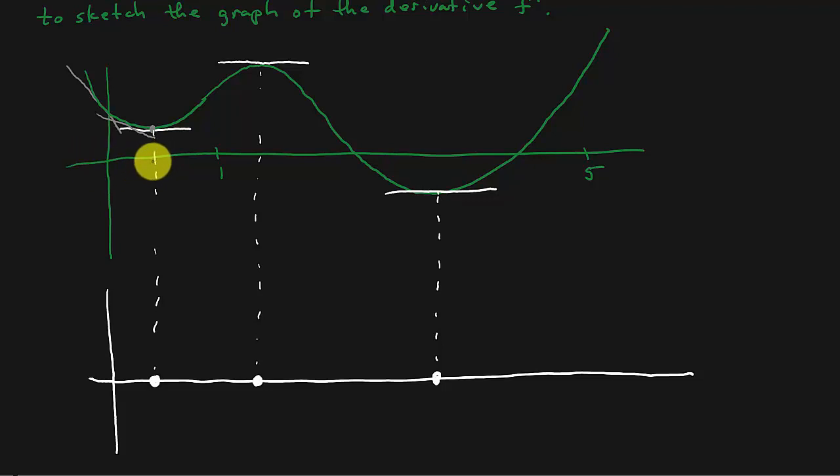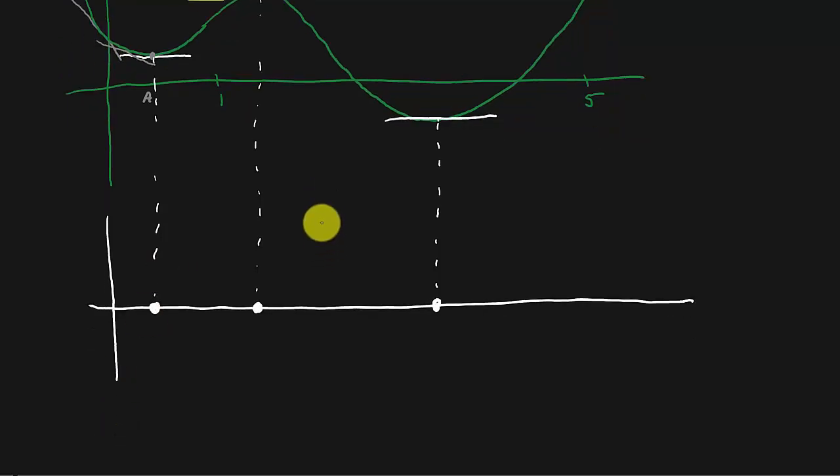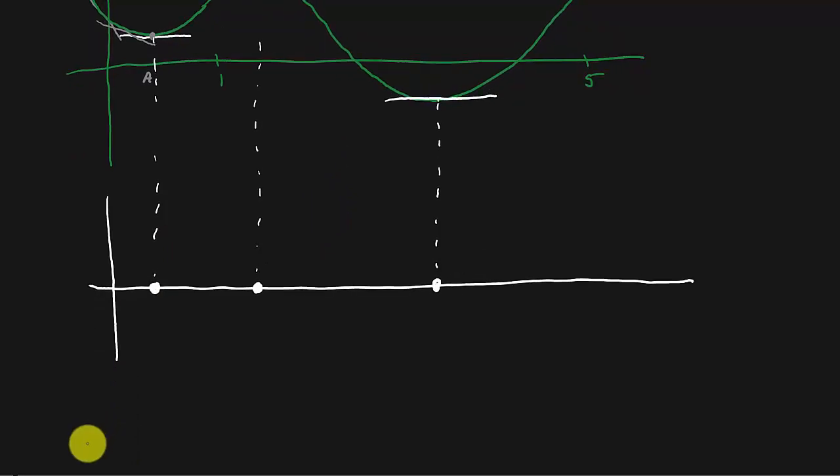Whatever number this is, it's just some number. We'll call it maybe a. So all the values less than a would be negative for the first derivative, because all these tangent lines have a negative slope. And so we know that the graph would kind of come in here like this.